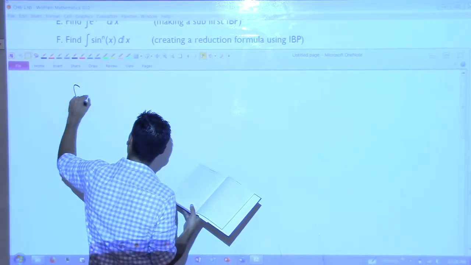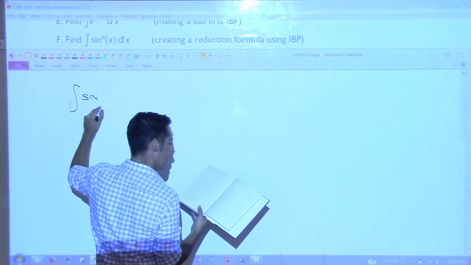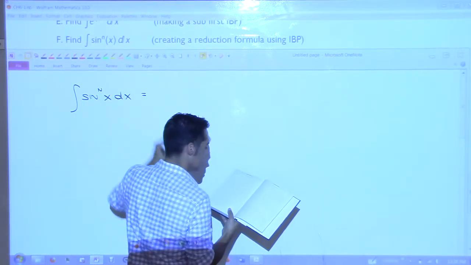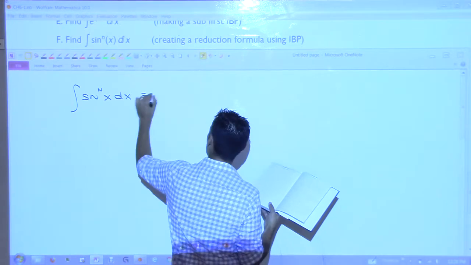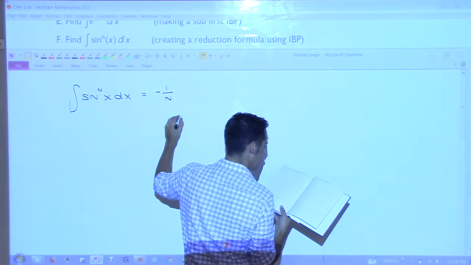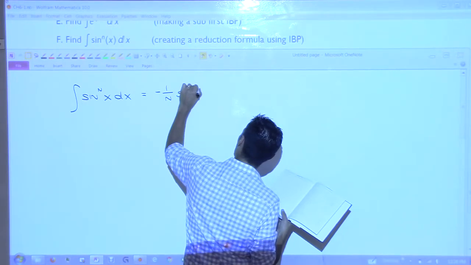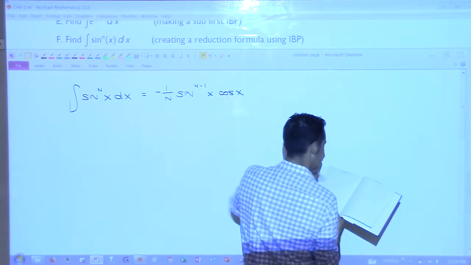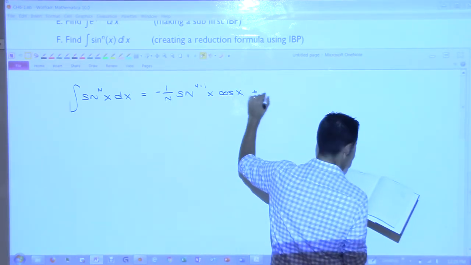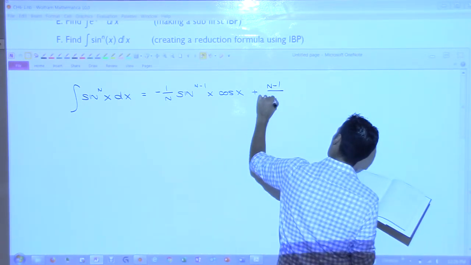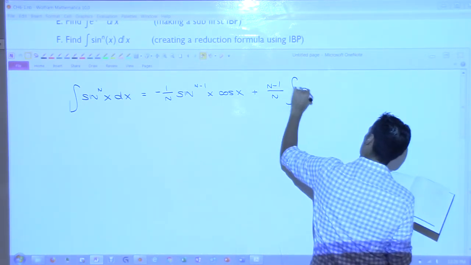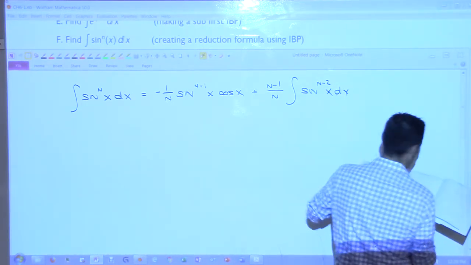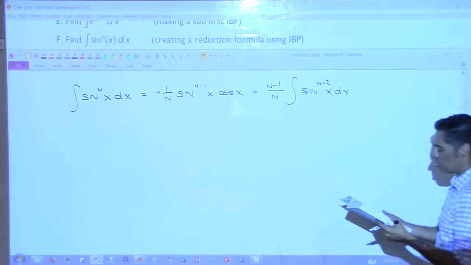It says antiderivative of sine to the n of x dx is equal to, wow, look at this crazy formula, negative 1 over n sine to the n minus 1 of x cosine of x plus n minus 1 over n integral of sine to the n minus 2 of x dx. All right, let's make sure I've copied this down right.